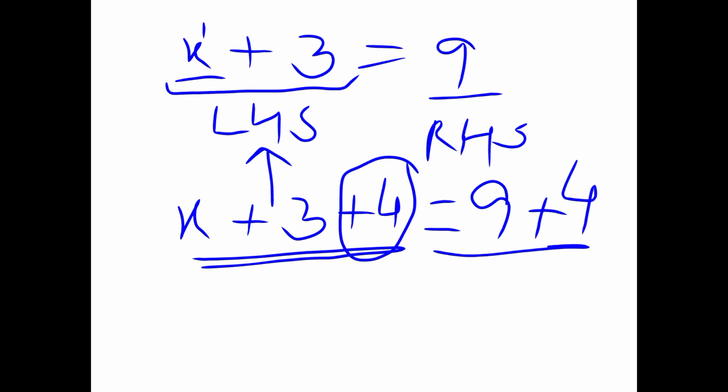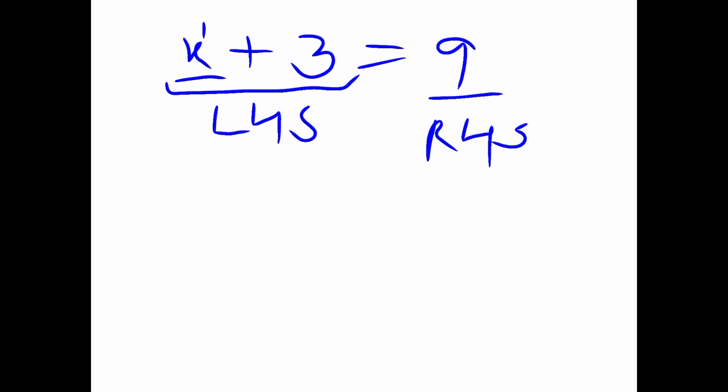So this is one of the properties of these equations, right? So whatever you add on the LHS or RHS, you have to add that number on both sides of the equation.